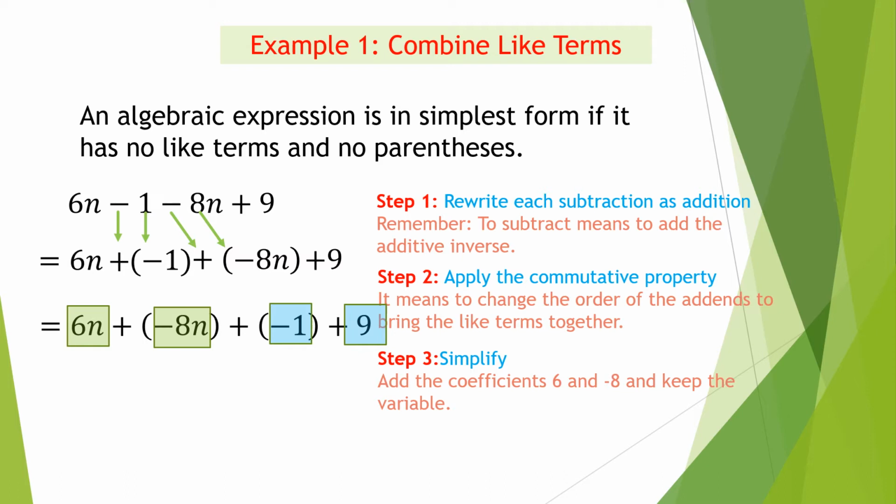Remember, you add the coefficients 6 and negative 8 while you keep the variable which is n. So when you add 6n and negative 8n, your answer is negative 2n. And negative 1 added to 9 gives you positive 8. Therefore, your answer is negative 2n plus 8.